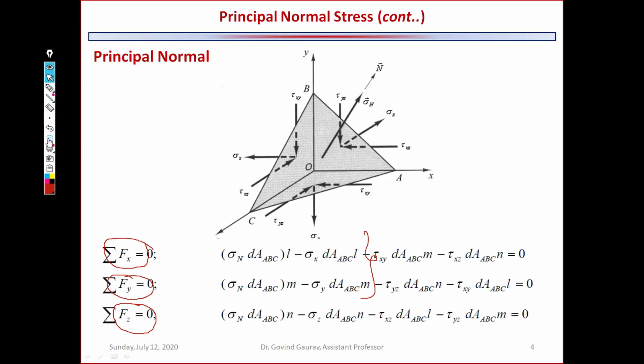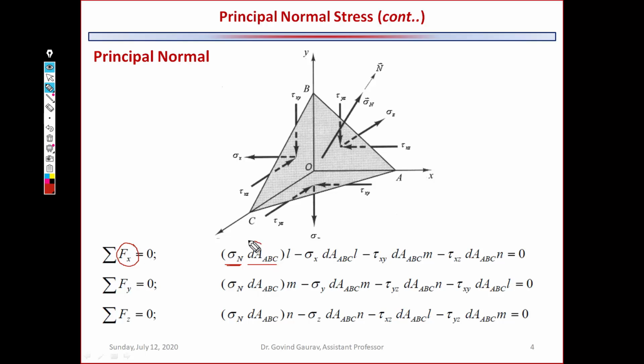So we can write the equations in terms of the forces. For writing the equations in terms of forces, we need to multiply the values of the corresponding stresses on each face with the small elemental area dA, which is the small elemental area on ABC.